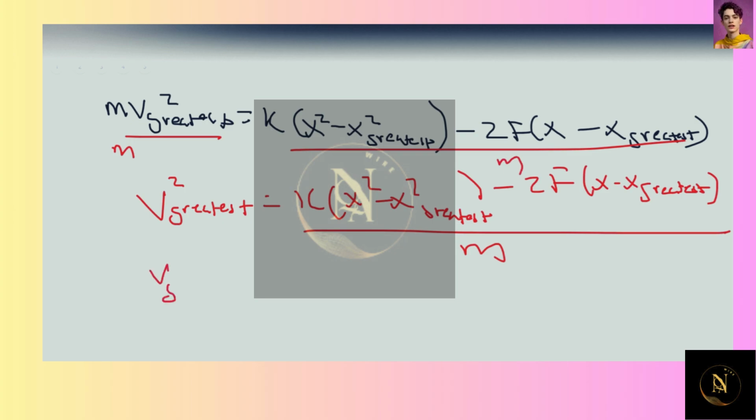So now we're ready to find the final velocity. v greatest is just going to be the square root of all of these numbers.